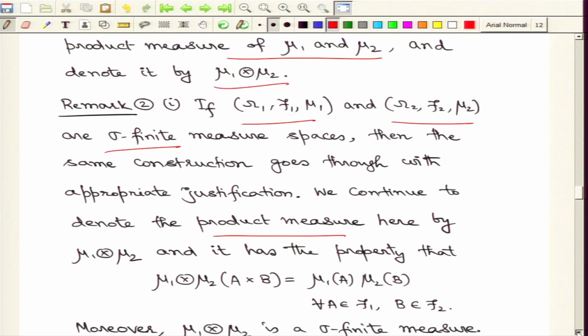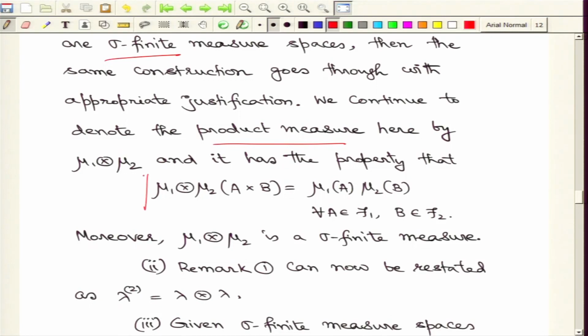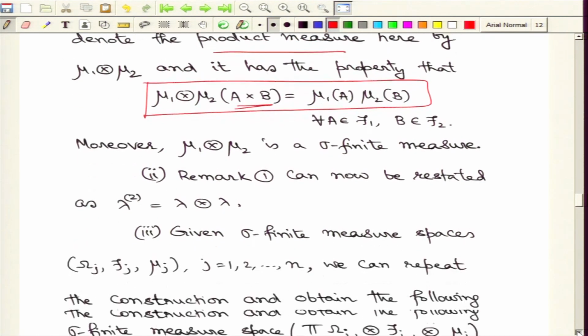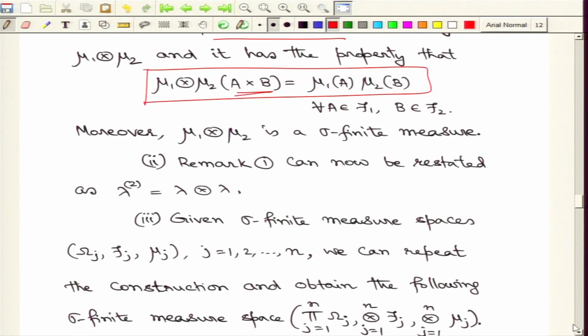It will still continue to have the identifying property that on product type sets A cross B, the size that it associates is mu 1 of A times mu 2 of B. Moreover, starting with these sigma finite measures, you have another sigma finite measure on the higher dimensional space omega 1 cross omega 2. This should remind you of the earlier example that we have been studying in the previous lecture.